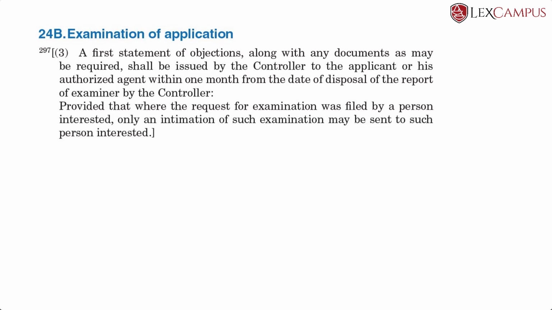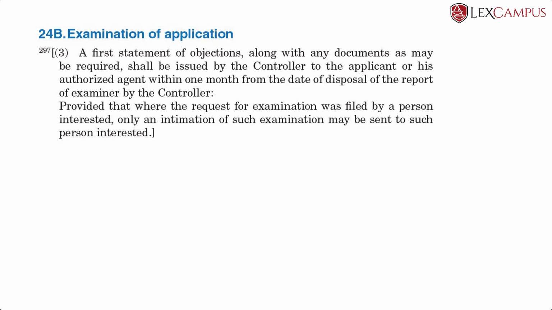Subrule 3 of Rule 24B states that where a request for examination was filed by a person interested, only an intimation of such examination may be sent to the person interested. We had pointed this out as an anomaly. A person interested does not do anything in prosecution except that he gets the power to initiate the examination by filing a request for examination.